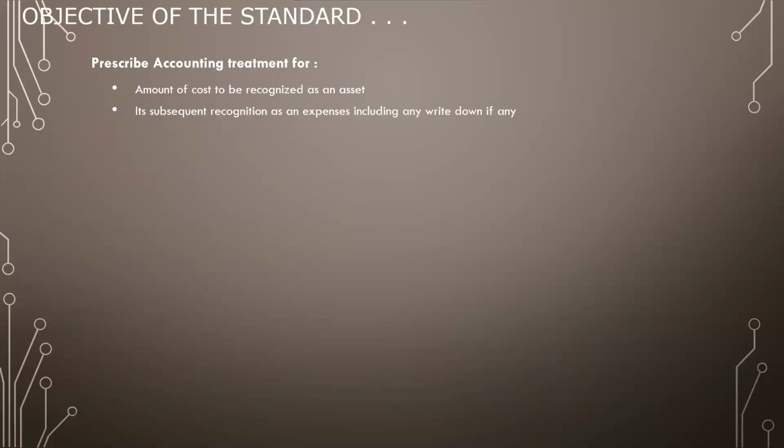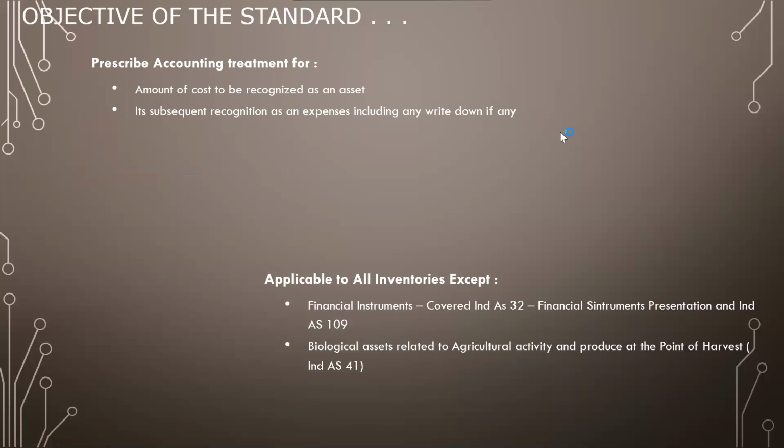Now, as most of us know, the objective of the standard is primarily to account for the cost which has to be recognized as an asset and its subsequent recognition as an expense, including any write down, if any.